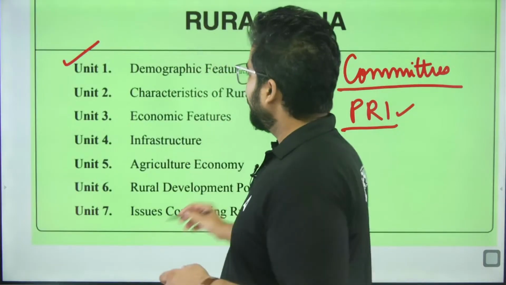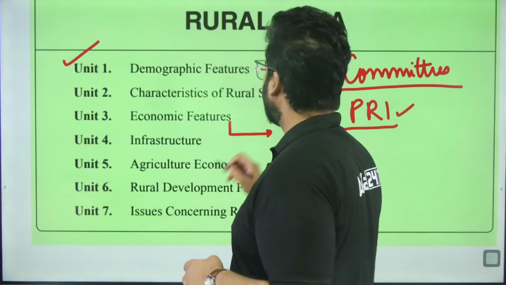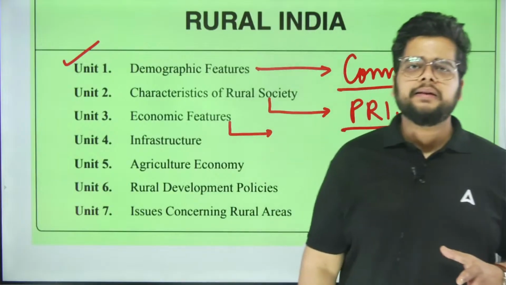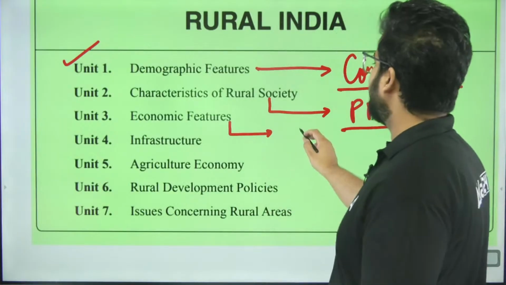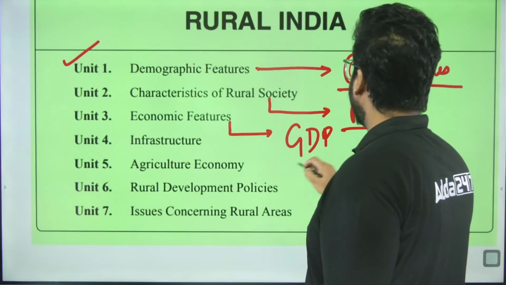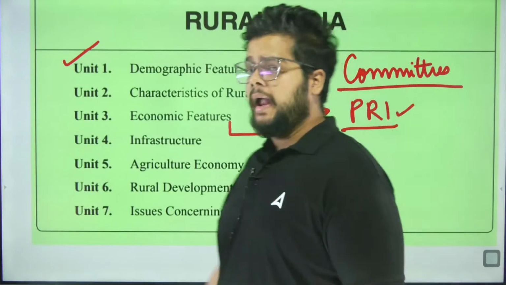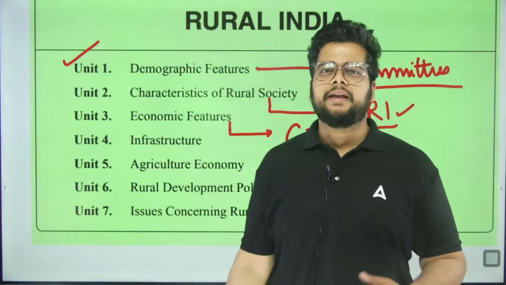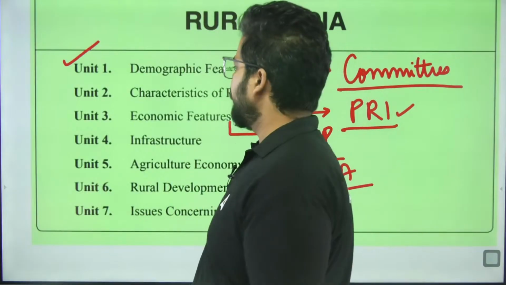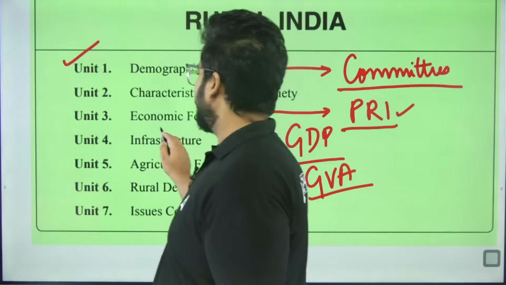Then in economic features, mostly you will see that economic indicators like GDP and GVA will be discussed at length when we talk about agri and allied activities. The livestock census, everything will be clubbed together, and we'll be discussing that in economic features.